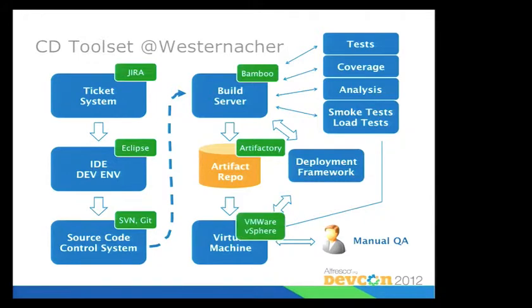We're using VMware vSphere, it's a kind of a private cloud that we're using. We're using Amazon as well, but for most of the stuff that is run on a continuous basis, so 24 hours, vSphere is considerably cheaper. We're using Chef from Opscode as the deployment framework.